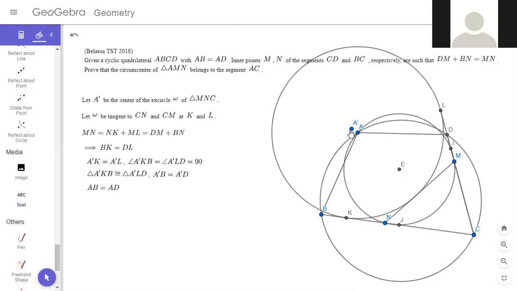So yeah, I can show A prime AB is congruent to A prime AD if those two points were different. Oh, and we also know A prime LKC is cyclic. I think that might be enough to finish off the problem.